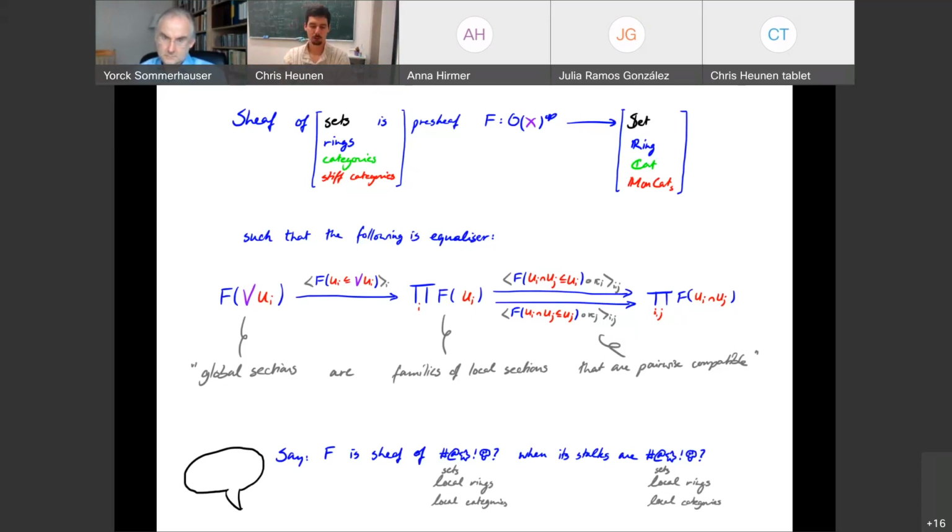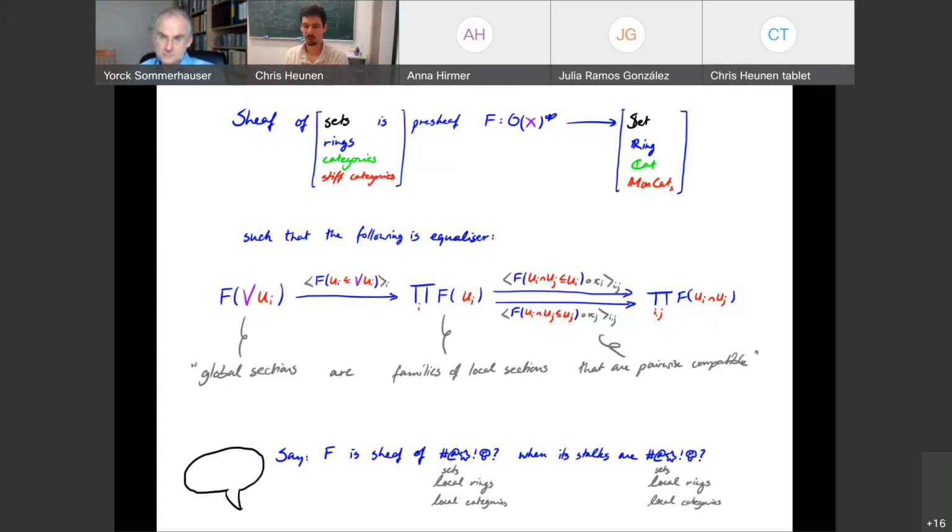The domain of those two parallel morphisms are the products of the values that the sheaf attaches to each of the opens. So you can think of those as families of local sections, if you will. The thing on the right is families of things over the intersections of two of these opens that we're interested in, and the value that F attaches to them.